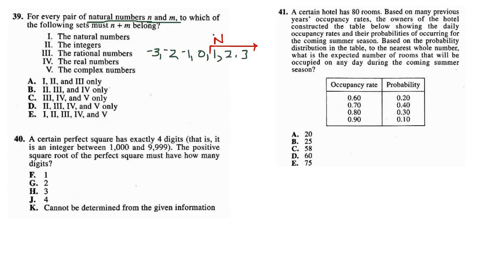And then if you were asked something about whole numbers, well, whole numbers will be all your natural numbers, but then it would include 0. So that's going to be your whole numbers. And then if you want to include everything from left to right, we're going to call that integers.